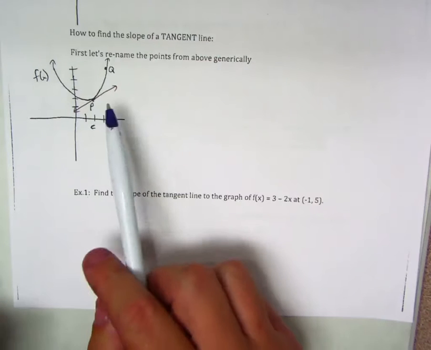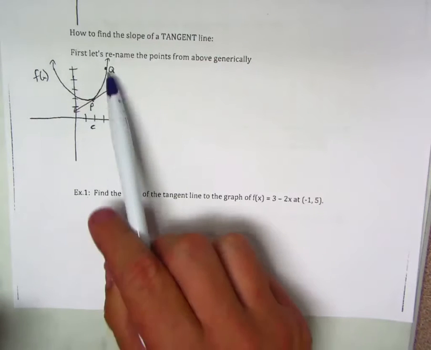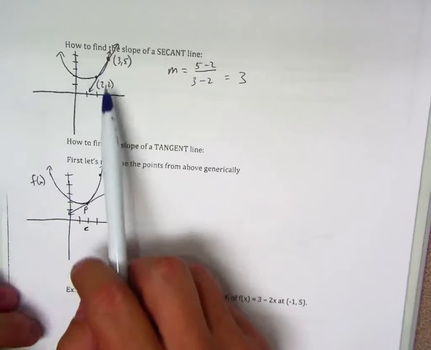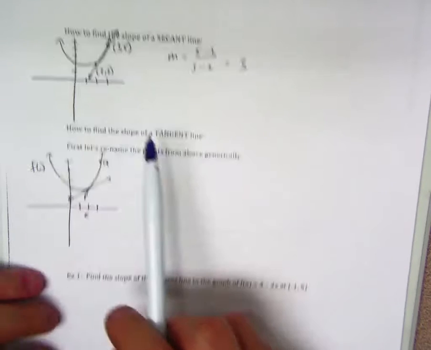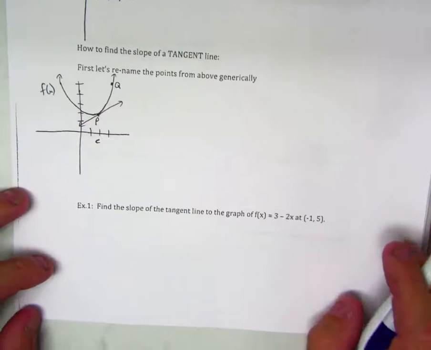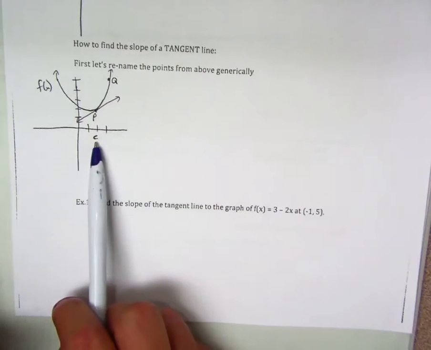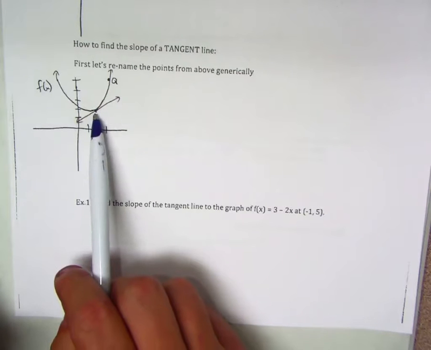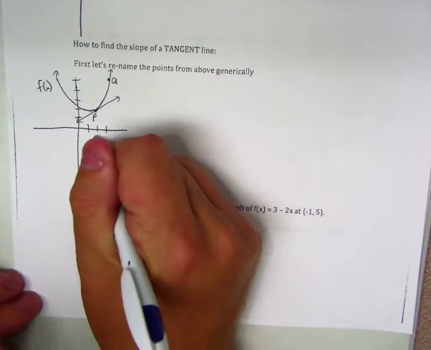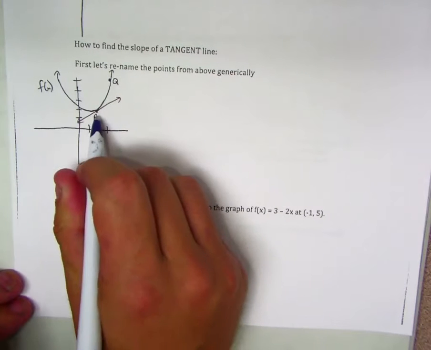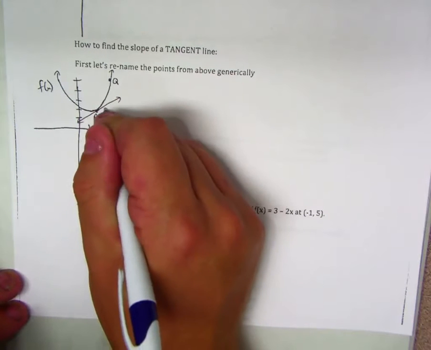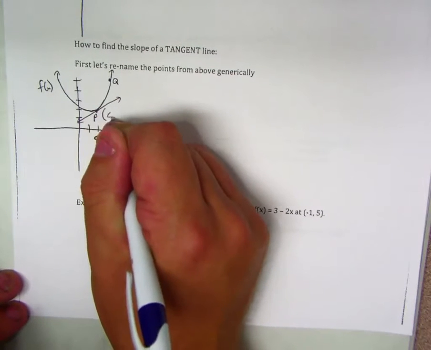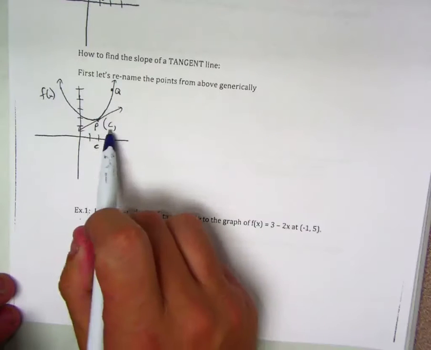Well, the first thing we're going to do to talk about this is rename these points generically. Up here, I gave them numeric values. I want to name them generically. And here's what I mean by that. So I have C right here, and this function is f of x. Well, I want to talk about how can we write point P using this notation C. C stands for an x value, which means point P would be the ordered pair C comma, so C is the x value.